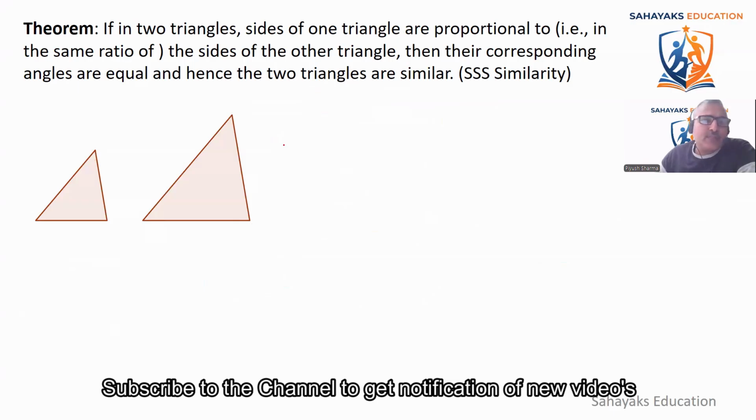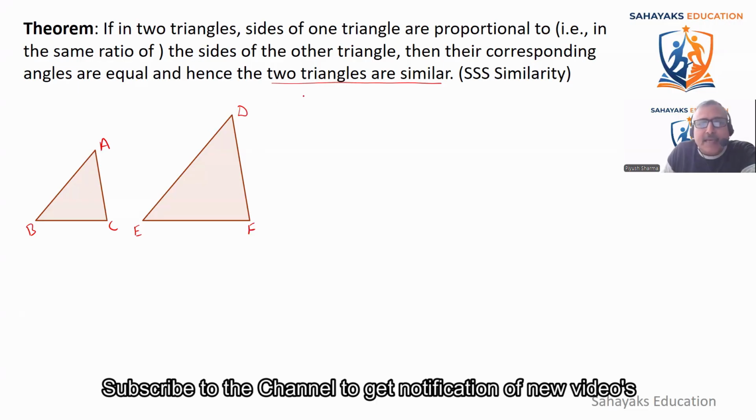Okay. So coming to the next question. This is also a theorem. If in two triangles, sides of one triangle are proportional to the sides of the other triangle, then their corresponding angles are equal, and hence the two triangles are similar. Okay. So what they're saying is that there are two triangles ABC and DEF. These are two triangles in which their sides are proportional.